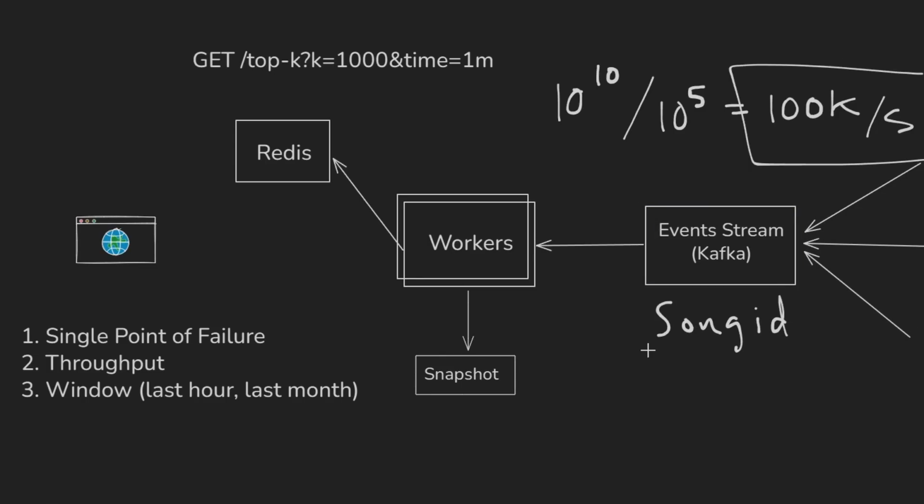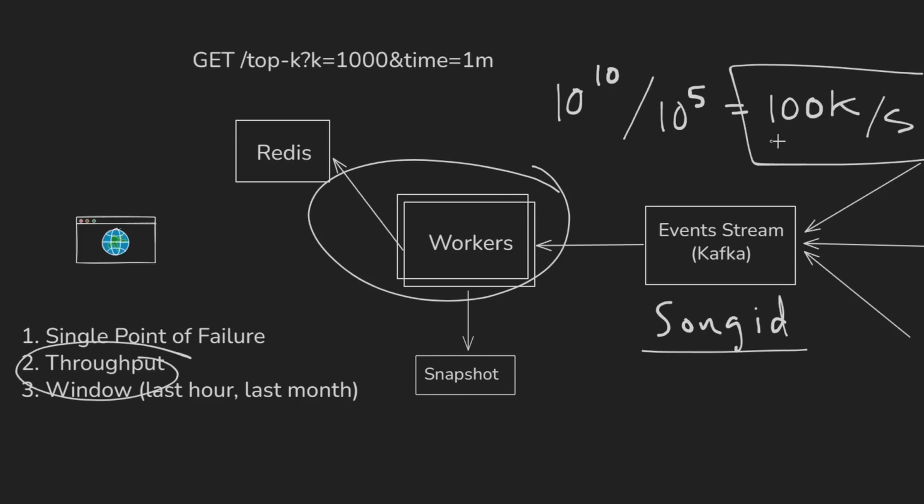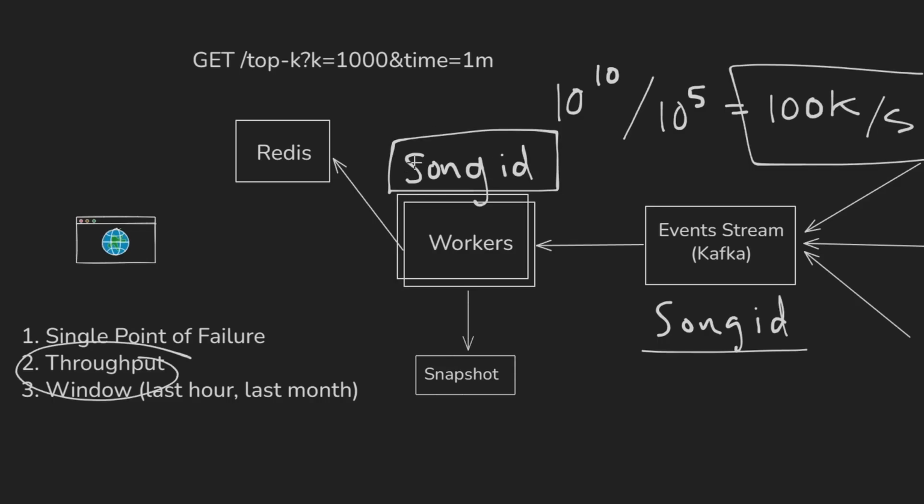And the reason for that is because now we're trying to scale our service horizontally. We know that a single worker probably isn't going to be able to handle 100,000 requests per second. So not only are we going to partition Kafka, we're also going to partition our workers such that each of them is only going to be responsible for a subset of the IDs, because the whole thing that we're trying to do here is get the top K songs.